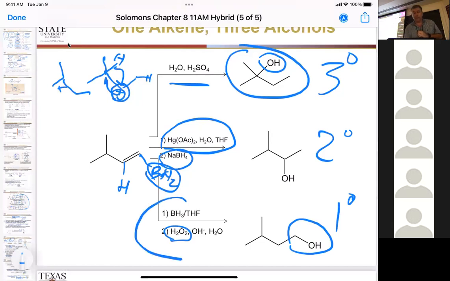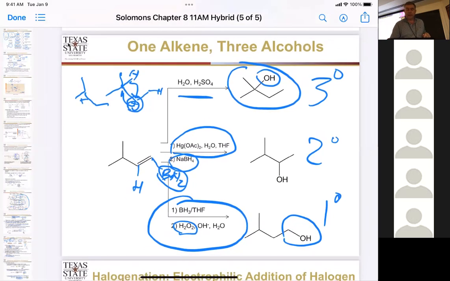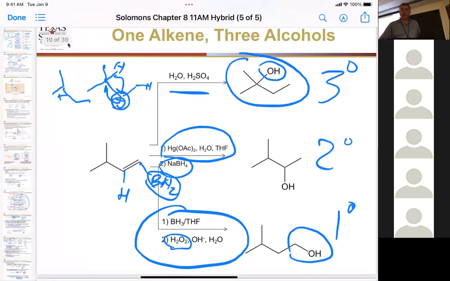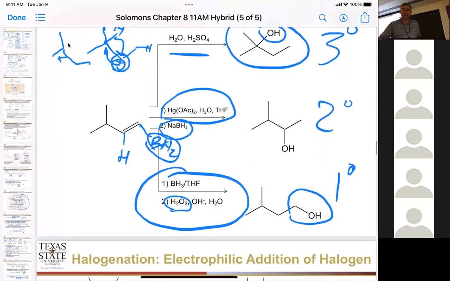The hydroboration oxidation is the opposite of Markovnikov's rule and gives us primary and secondary alcohols, depending on the substrate. Questions? All right. So one type of alkene gives us that many different alcohols.